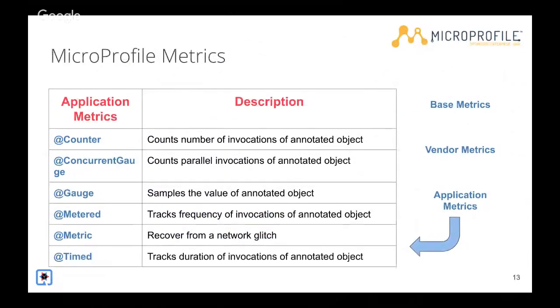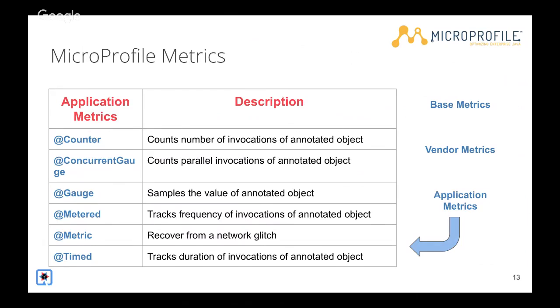With MicroProfile metrics, I can actually create custom metrics in my application. And this gives you an idea of some of the metrics that are available. What I'm going to use is that counter. Some of this is changed with MicroProfile metrics 2.0, but right now we're using MicroProfile metrics 1.1.